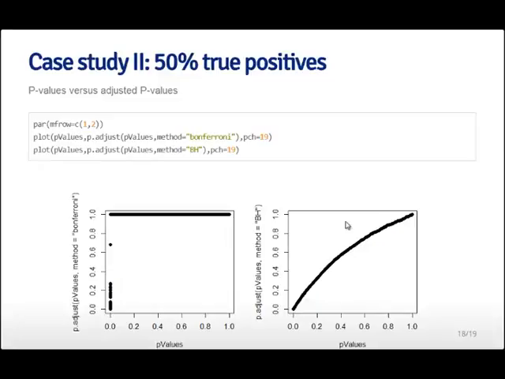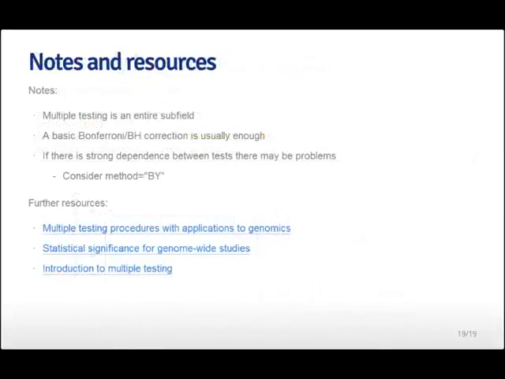So some notes and further resources. So first the notes, multiple testing is actually an entire subfield, and there's a whole bunch of different corrections that you could possibly apply depending on the different dependence structures and all the different choices that you made in the statistical modeling. So depending on your problem, you might want to do a little further research on what's the right correction to apply.